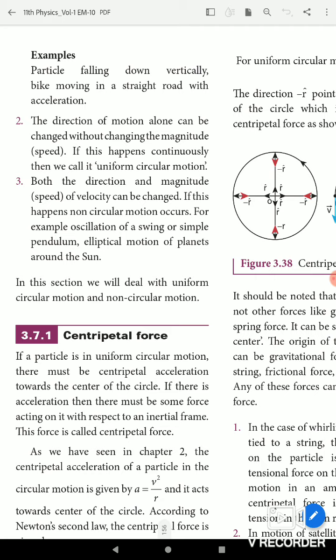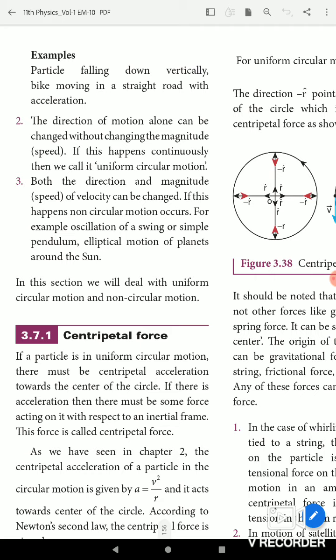The second one, the direction of motion alone can be changed without changing the magnitude, that is speed. If this happens continuously, then we call it uniform circular motion. Third, both the direction and magnitude of velocity can be changed.